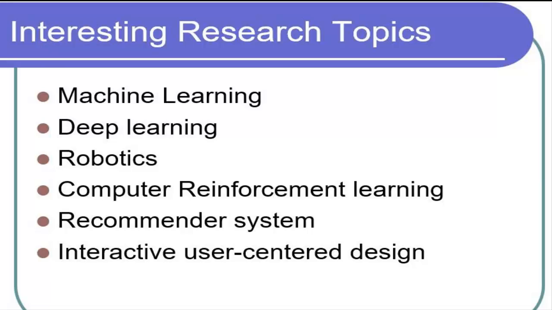Some of the interesting areas you might like to look at in the field of AI, one of them, of course, is machine learning, which is a great research area in which you can work on a lot of things, for example in healthcare and medical diagnosis.